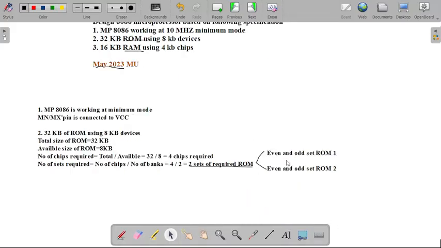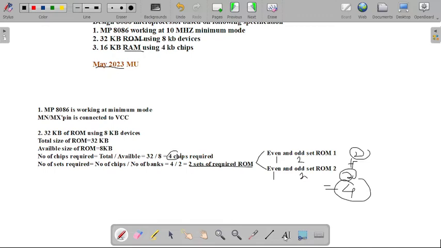So the even set of ROM 1 and the odd set of ROM 1 will become 2 chips. And the even and odd set of ROM 2 are also 2 chips. First one is the even set of ROM 2 and second one is the odd set of ROM 2. So 2 plus 2, there are a total of 4 chips in our ROM structure. So here we got this number, that 4 chips will be required.